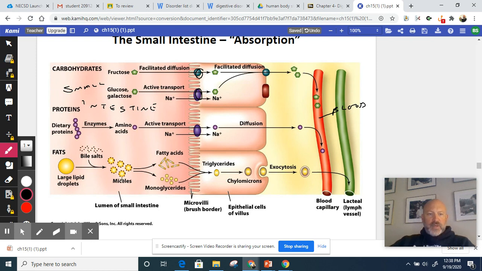capillaries. Here we see large globules of fat, right? So when we break these large globules of fat down, they have a tendency to want to come back together again quickly, right? Because of their hydrophobic properties. So in order to prevent that, the liver and gallbladder produce these things called bile salts.